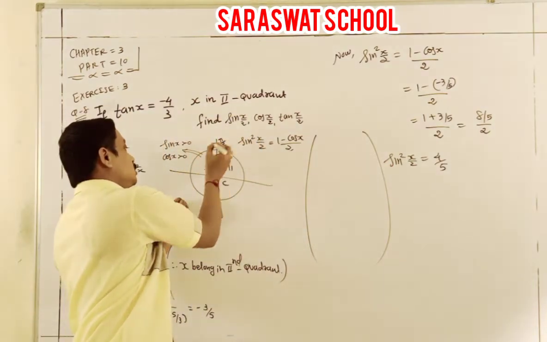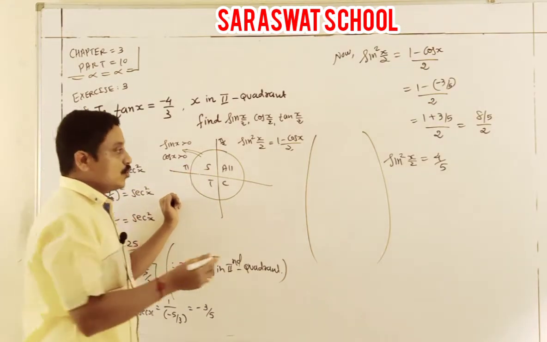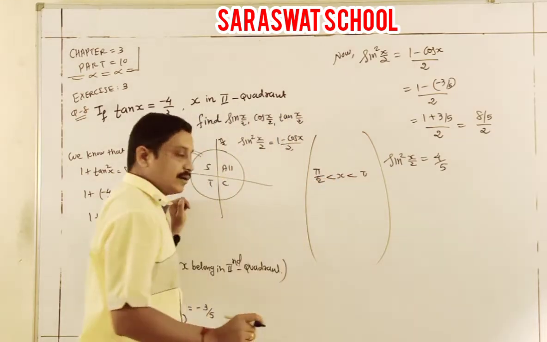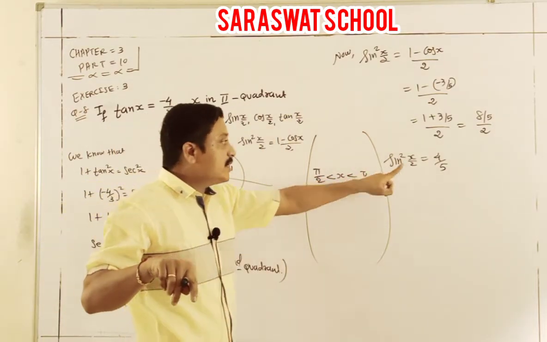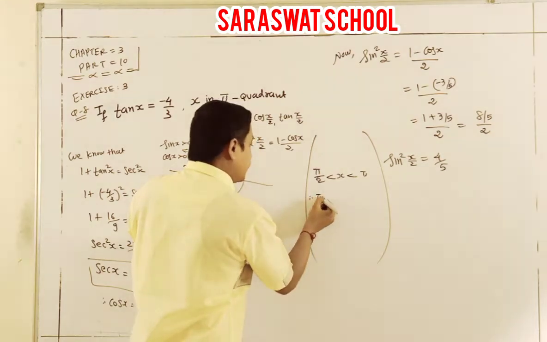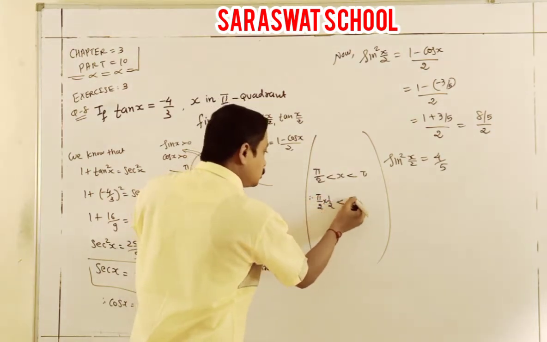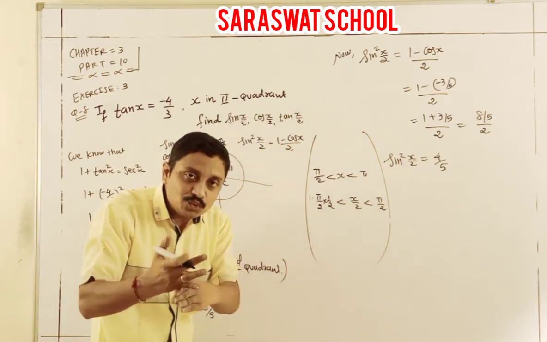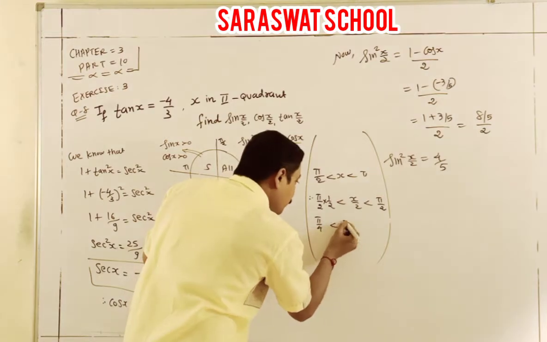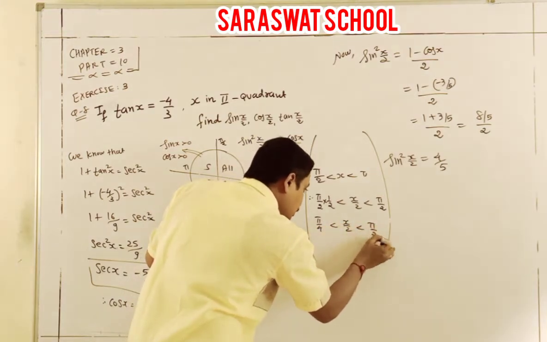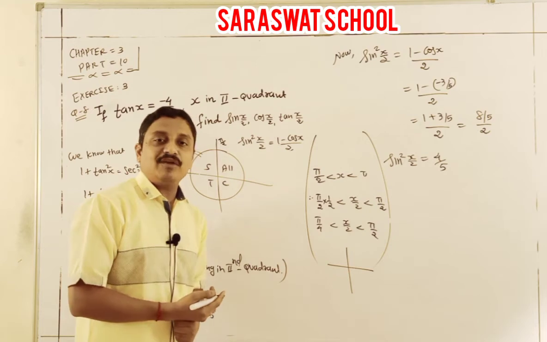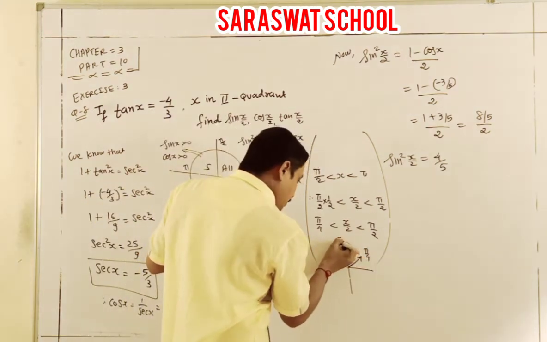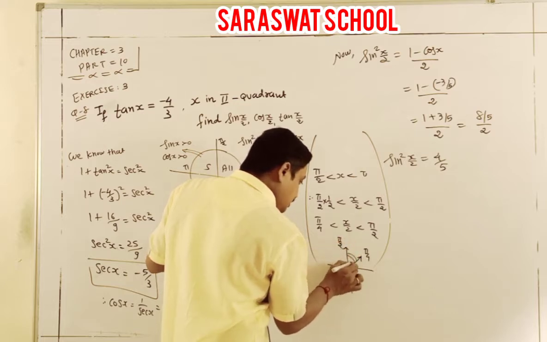So pi by 2 to pi, you are here, in the second quadrant, but I want x by 2. So pi by 2 less than x less than pi, each term dividing by 2. So pi by 4 less than x by 2 less than pi by 2. Students, 45 to 90 means here, 45 approximately. Here pi by 2 means your value is here.